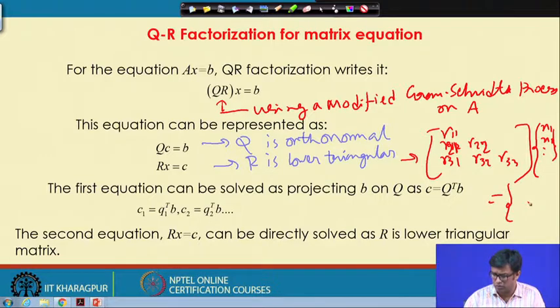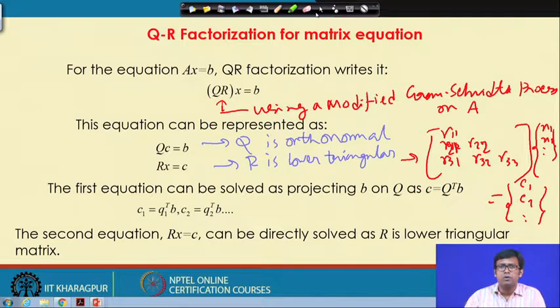This is equal to c1, c2. So I can directly find x1 = c1 by R11, then x2 = c2 minus x1 R21 divided by R22, and so on. So the second equation Rx = c can be directly solved as R is a lower triangular matrix.